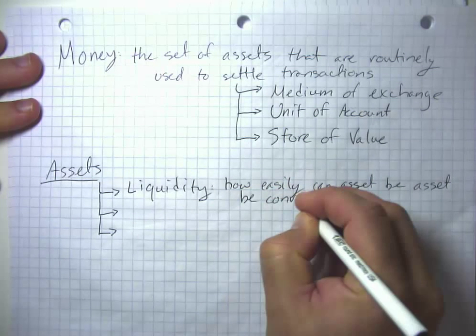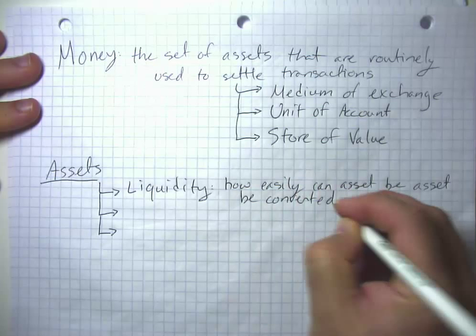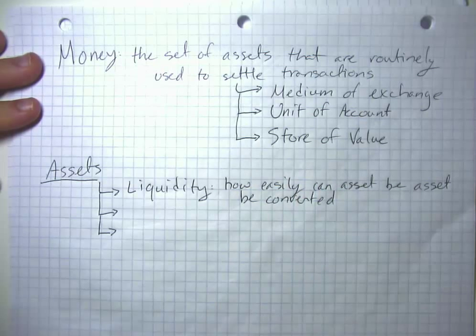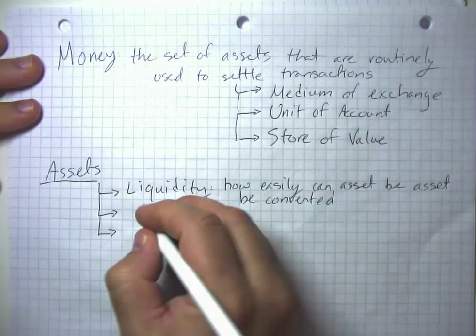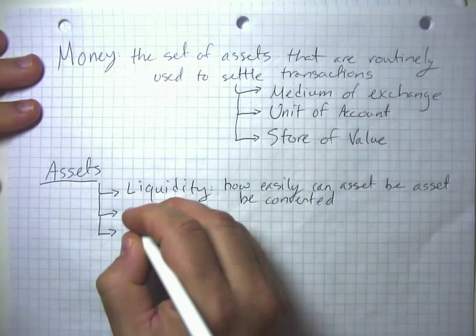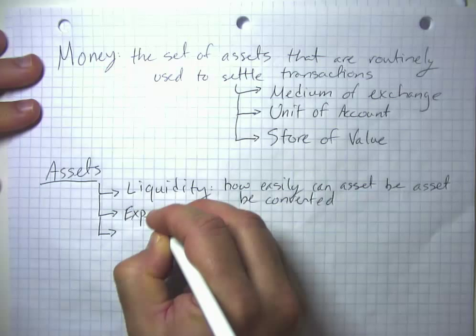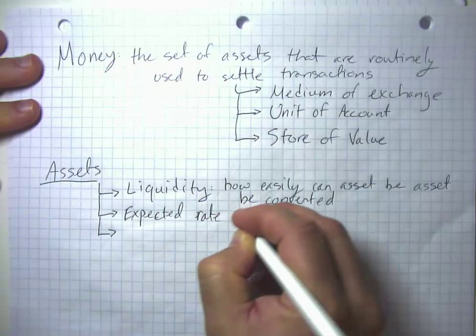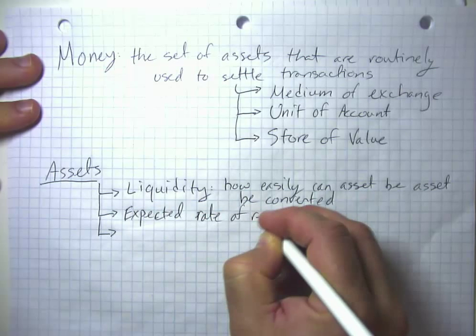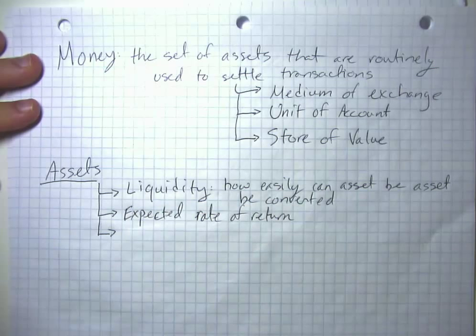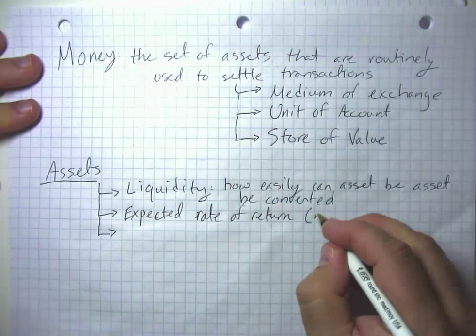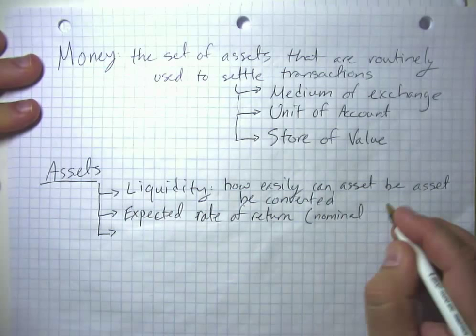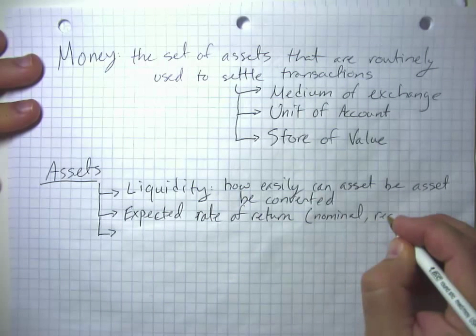So a house is an asset, but it's a pretty illiquid asset. It takes a considerable amount of time to sell a house, and it also is a fairly expensive proposition. The second thing we're interested in about an asset is its expected rate of return. Chapter 14 went into a lot of detail about this, and of course, we know this could be either real or nominal rate of return.